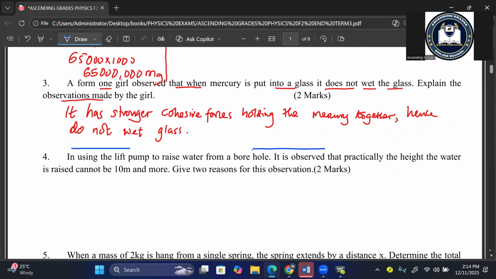That when we are having mercury, then it will be of this shape.